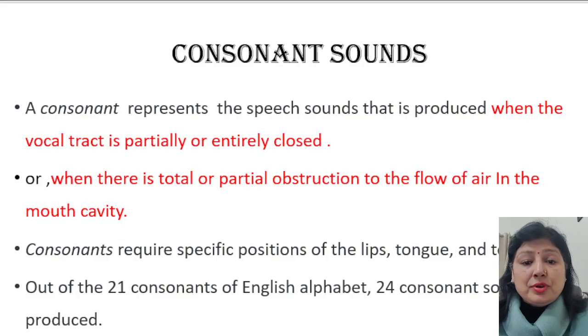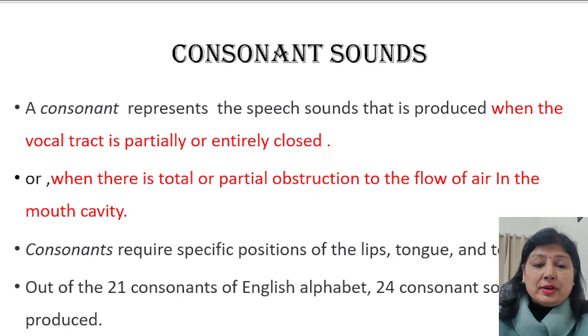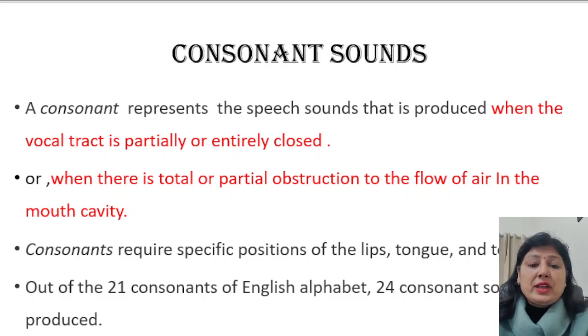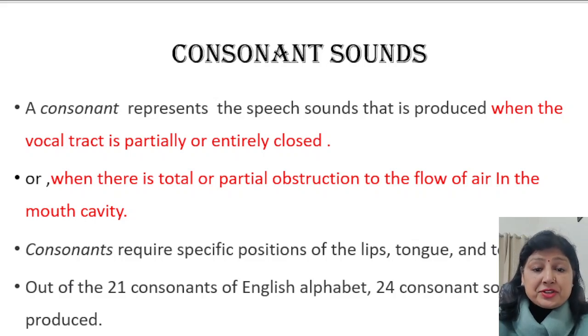Next we will learn what consonant sounds are. In contrast to the vowel sounds, the consonant sounds are produced when there is some partial or complete closure of the airstream in the mouth cavity.